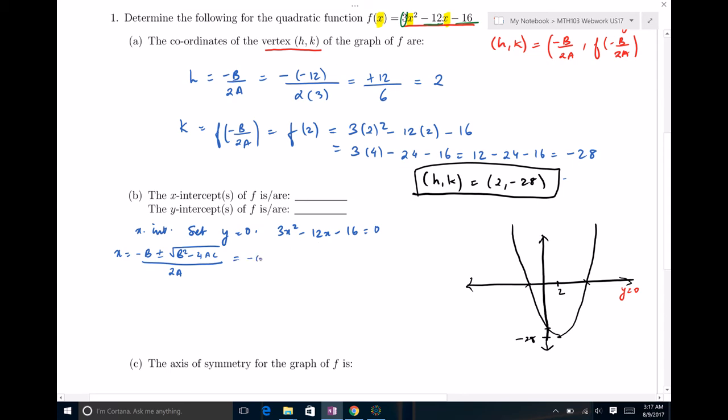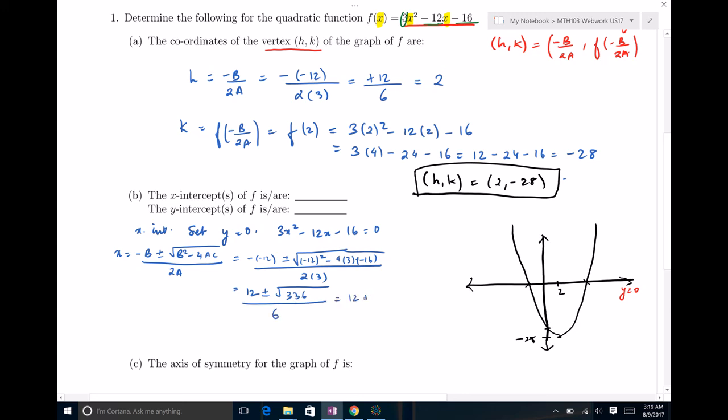So negative of negative 12 plus or minus the square root of negative 12 squared minus 4 times 3 times negative 16 over 2 times 3. Now negative of negative 12 is positive 12 plus or minus the square root of, if you work this out, you get 336. Now these are difficult numbers to work with, over 6. We're going to simplify this a little bit.